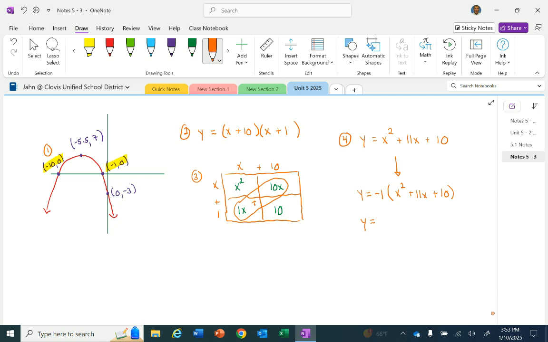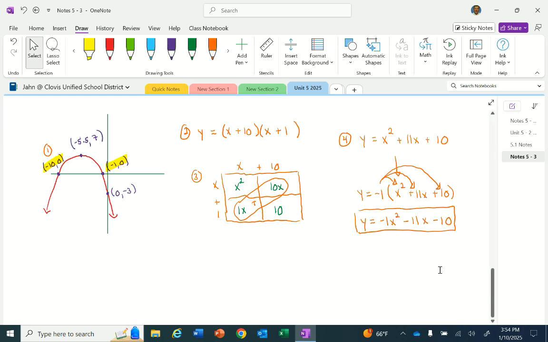Which, when I do that, I would get -1 times x squared is -1x squared. -1 times positive 11x would give me a -11x. And -1 times positive 10 would give me a -10. So my actual quadratic equation is y is equal to -1x squared minus 11x minus 10.